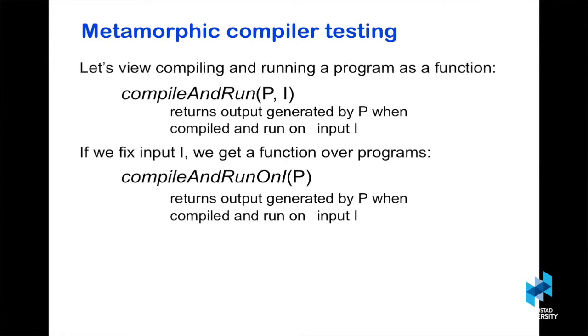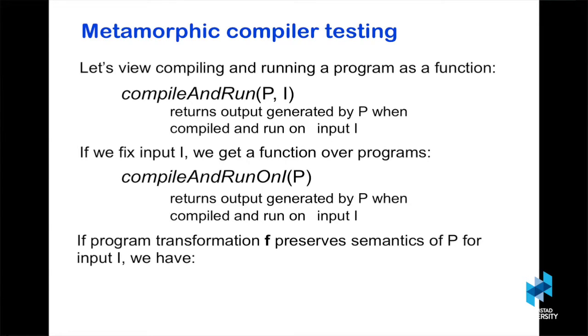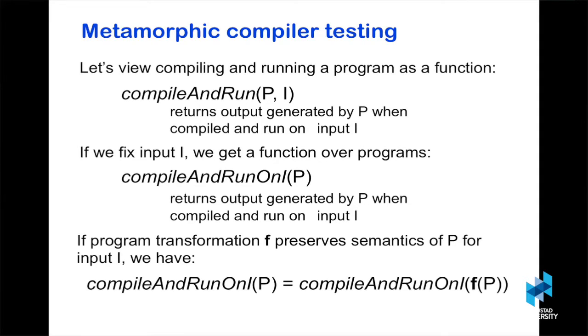It takes a program P, compiles it and runs it on the fixed input I. If F is a program transformation that preserves the semantics of P when run on the input I, then compile and run on I applied to P should be the same as compile and run on I applied to F of P. And here, F is a metamorphic relation on programs with respect to the function compile and run on I. So this is how we can view this program transformation-based approach to compiler testing as an instance of metamorphic testing.